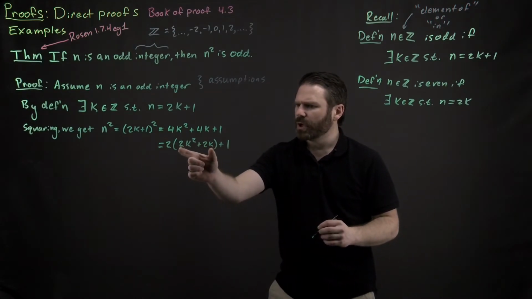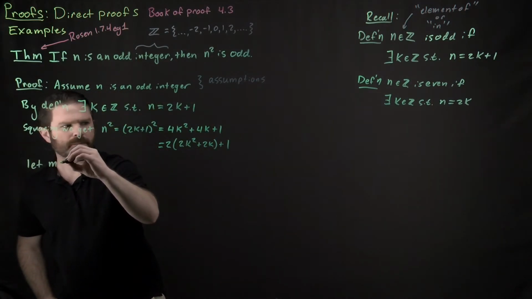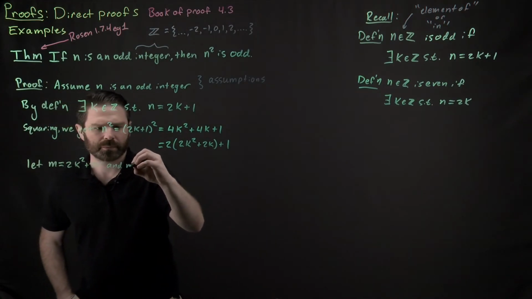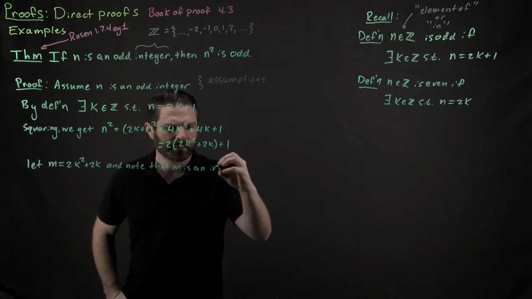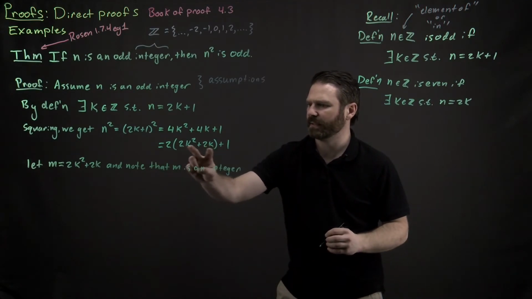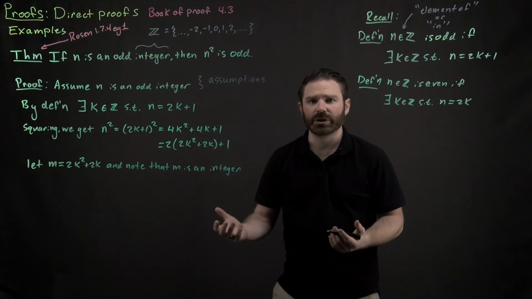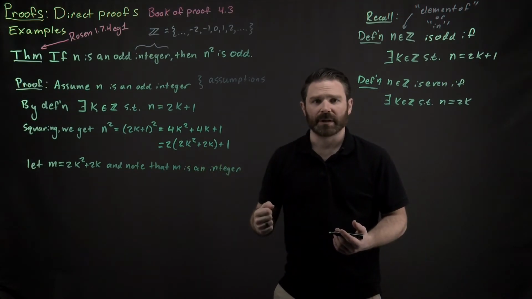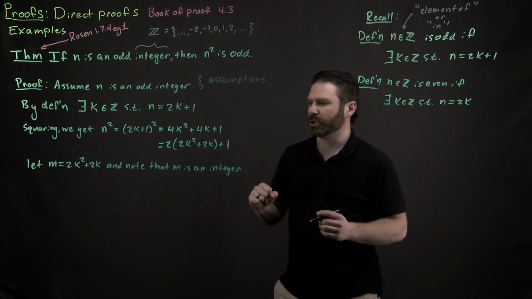Note that if we let m be 2k squared plus 2k, it's definitely an integer: an integer squared times an integer, plus another integer times another integer. So m is definitely an integer.